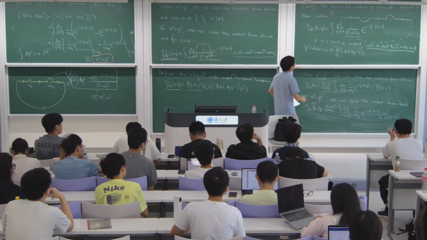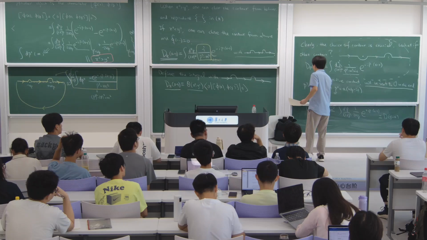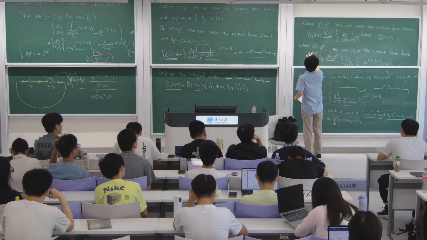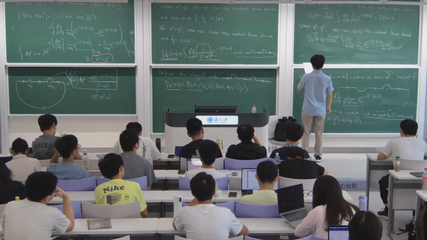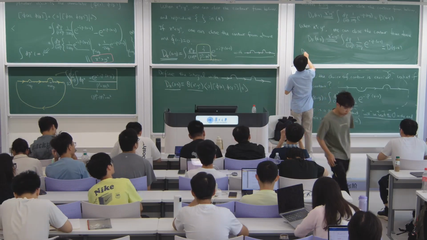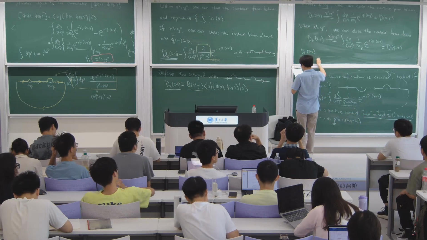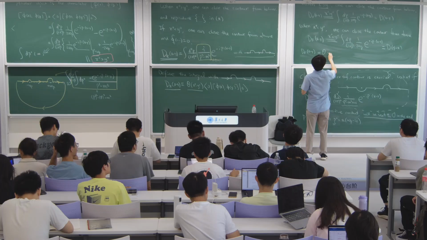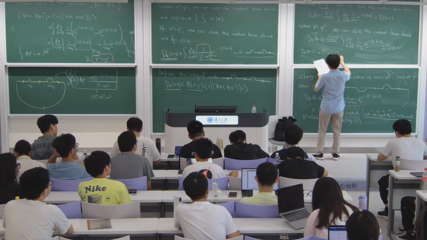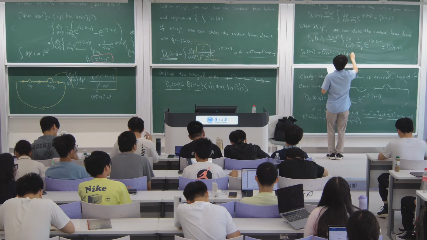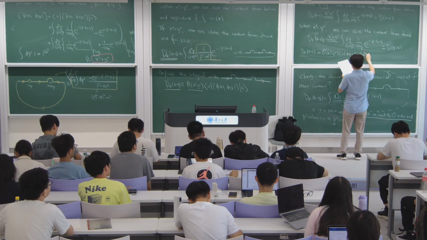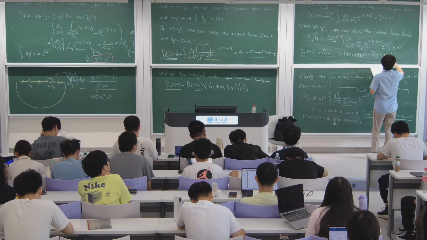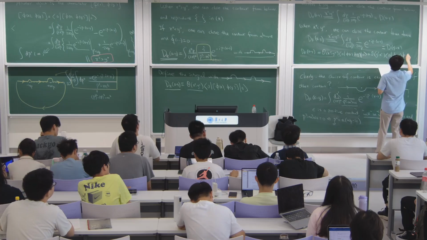So put everything together. DF can be written as a sig function with a 2-point function, plus another sig function with a 2-point function.